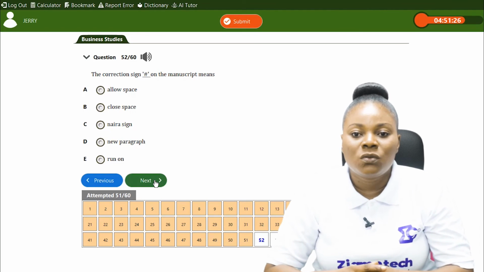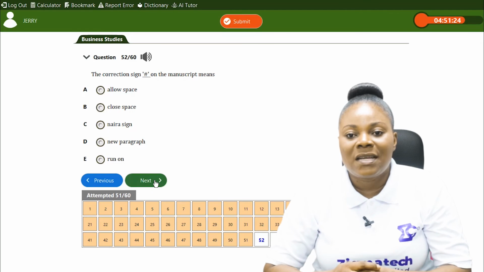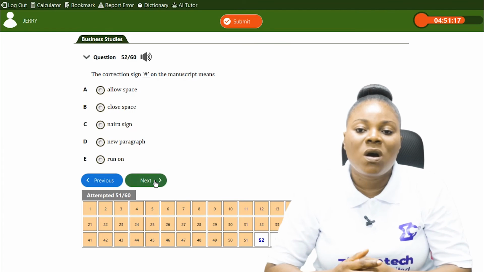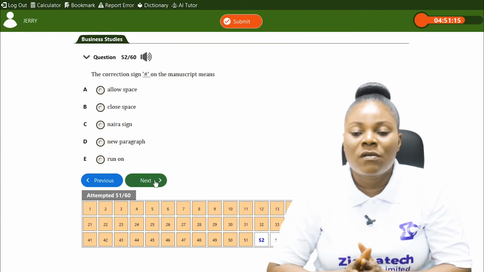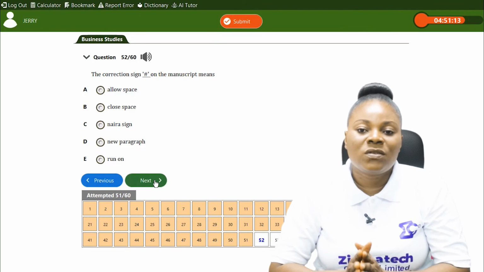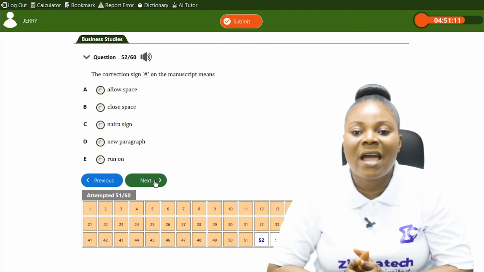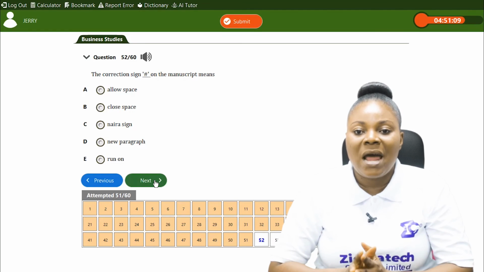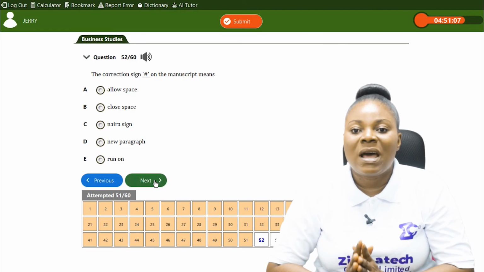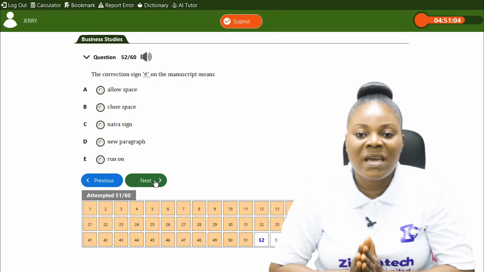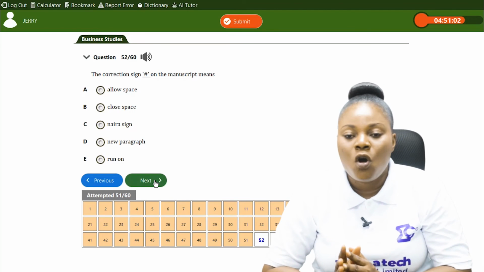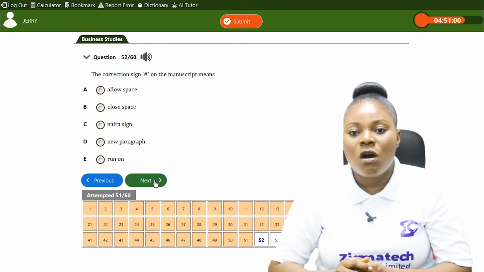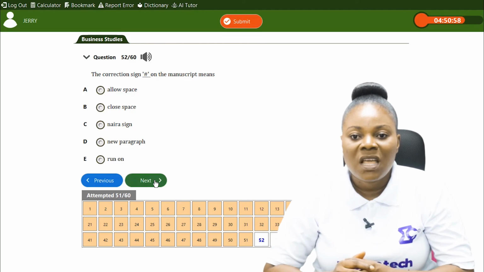Question 52 says the correct sign, that sign looks like the hash sign on the manuscript, this sign is also one of the printer's correction signs. When you see it as a correction sign on your manuscript, what does it imply? Is it to allow space or to close space or naira sign or new paragraph or run on? The correct answer is allow space.